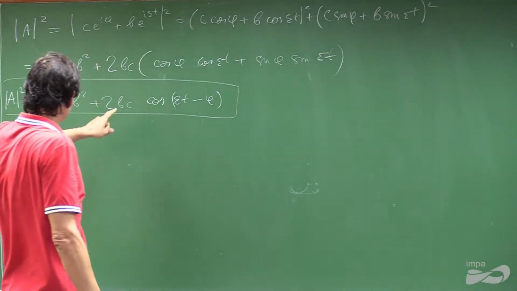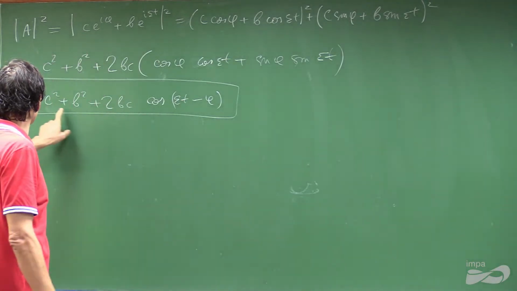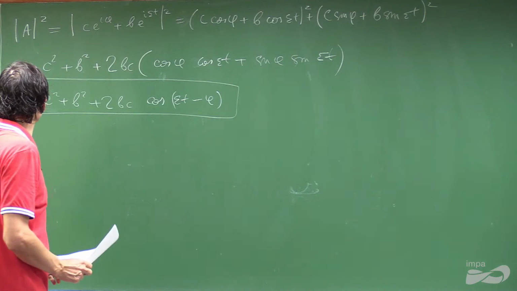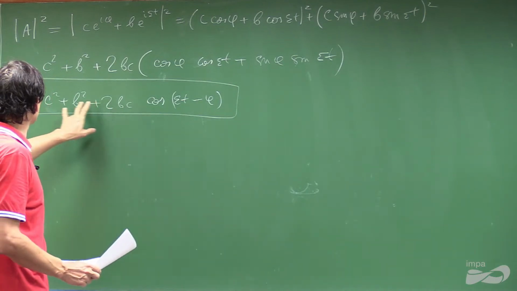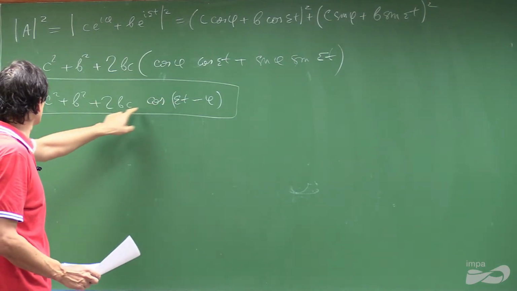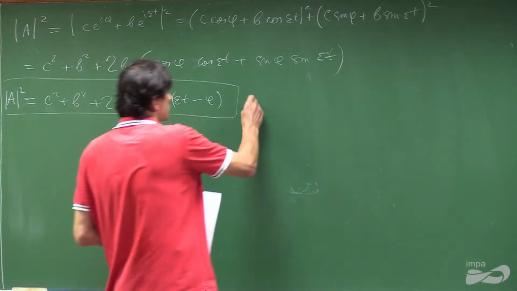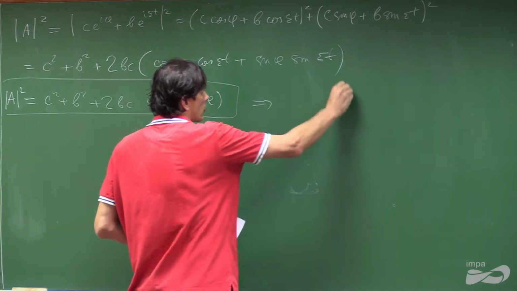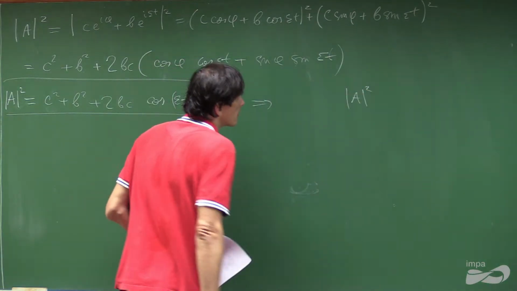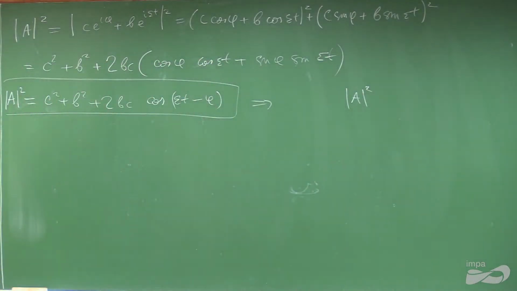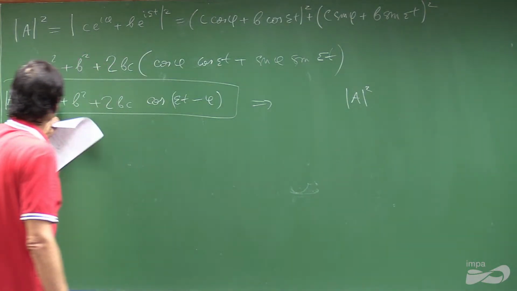What you can see is that this value is changing periodically. Assume that C and B are both positive.